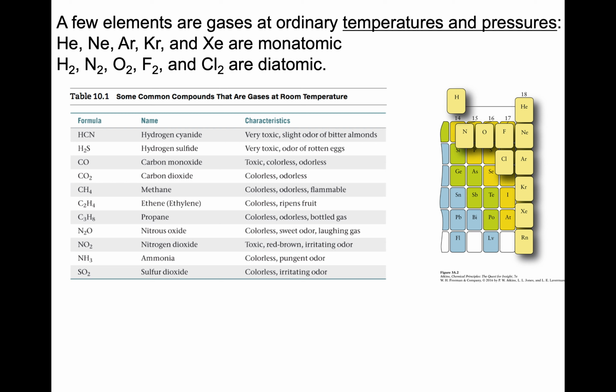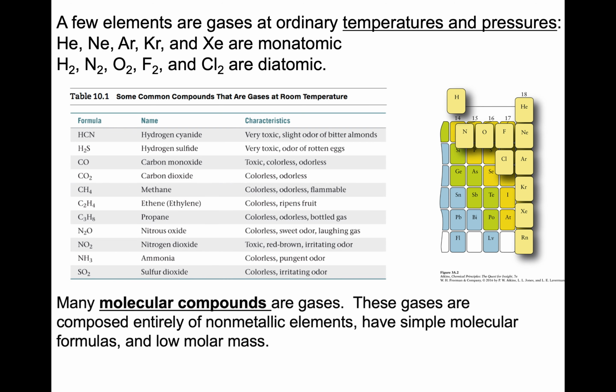A few elements are gases at ordinary temperature, things like helium or neon. We've also seen examples of molecules that are diatomic and gases at ordinary temperature and pressure. Nitrogen gas, oxygen gas are examples. Table 10.1 lists other common gases at room temperature.